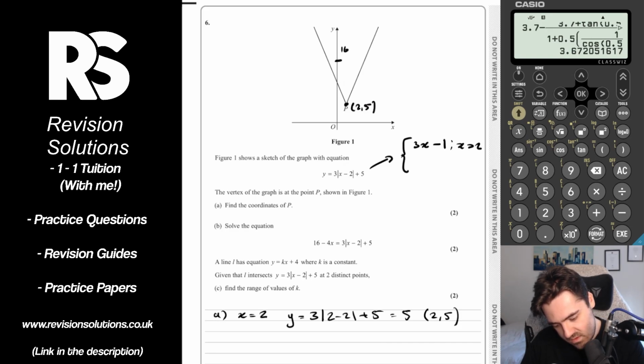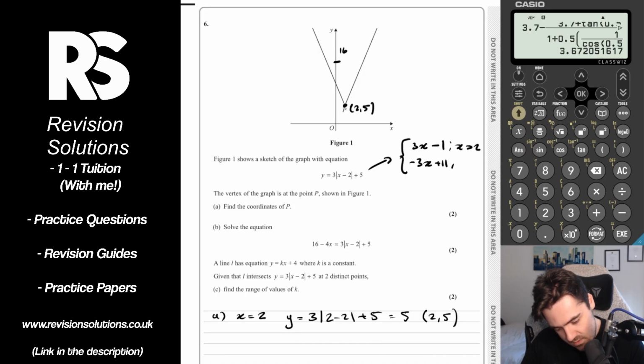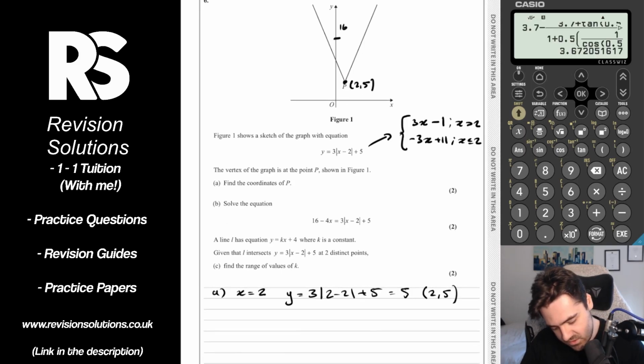And then the other side, which we're going to actually use, is minus 3x, but then plus 6 plus 5, so plus 11, when x is less than or equal to 2. So that's the side we're going to actually solve with.